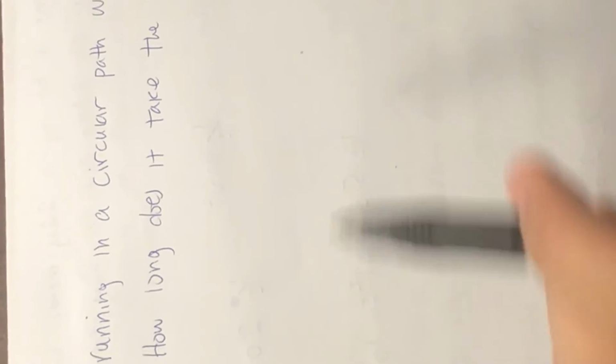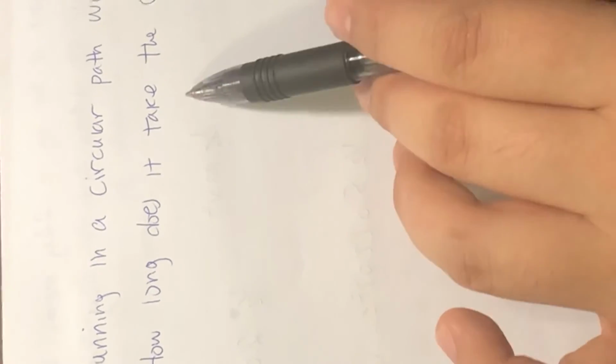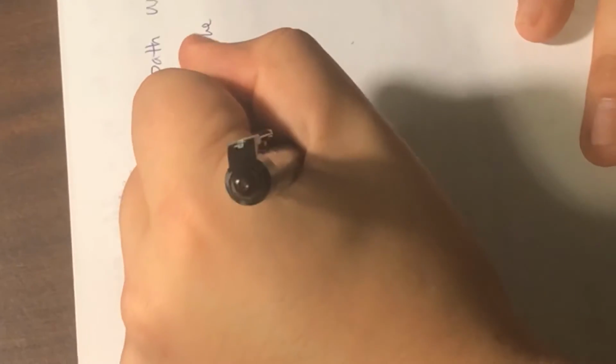Now on to the final question, number 10. A chicken is running in a circular path with an angular speed of 1.52 rad per second. How long does it take the chicken to complete one revolution? So the equation for a revolution is 1 revolution equals 2 pi rad.